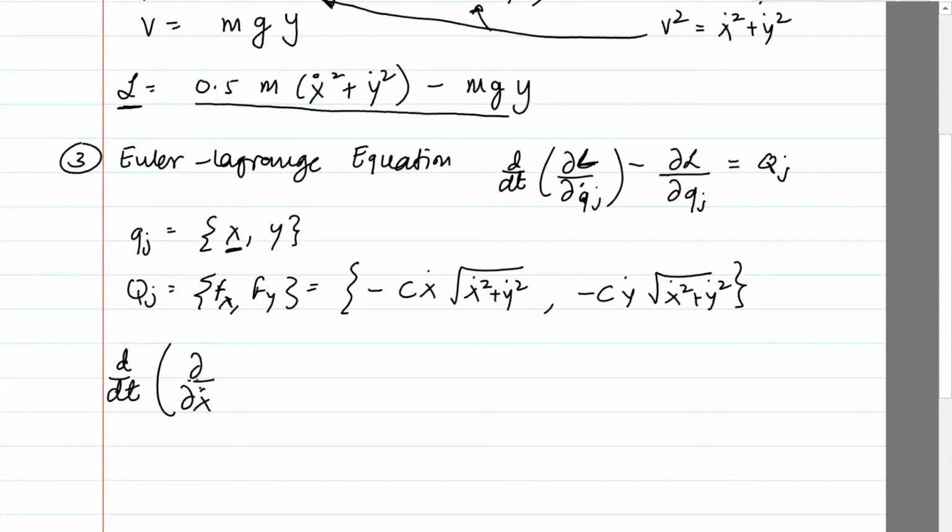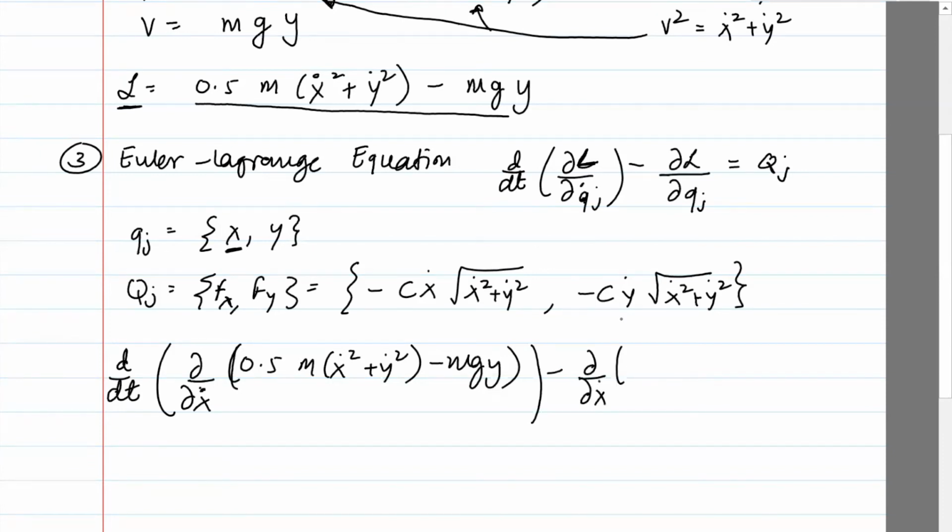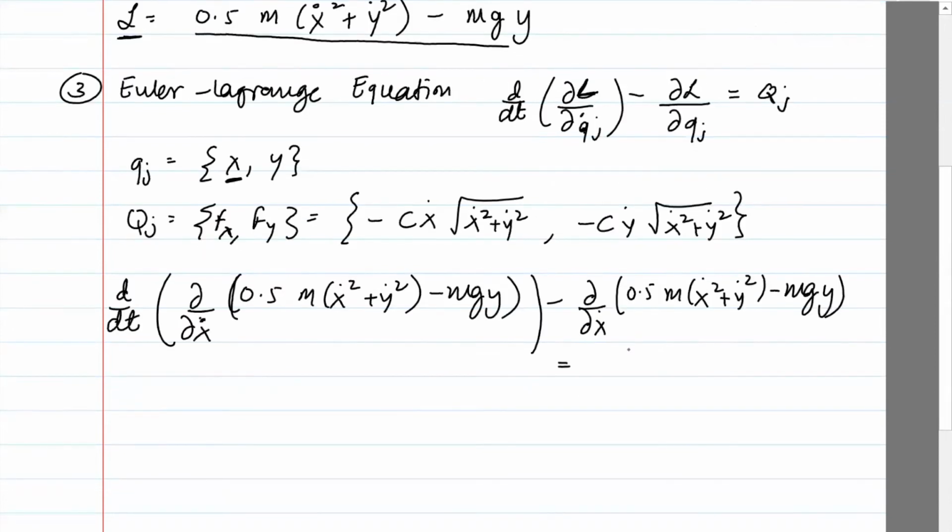Later on, I'll just do it in my head, but right now, let me just write it down. d/dẋ, that's q̇_j. The Lagrangian is 0.5 m (ẋ² + ẏ²) minus mgy, minus ∂/∂x of L, the same L as before, equals minus c ẋ √(ẋ² + ẏ²).